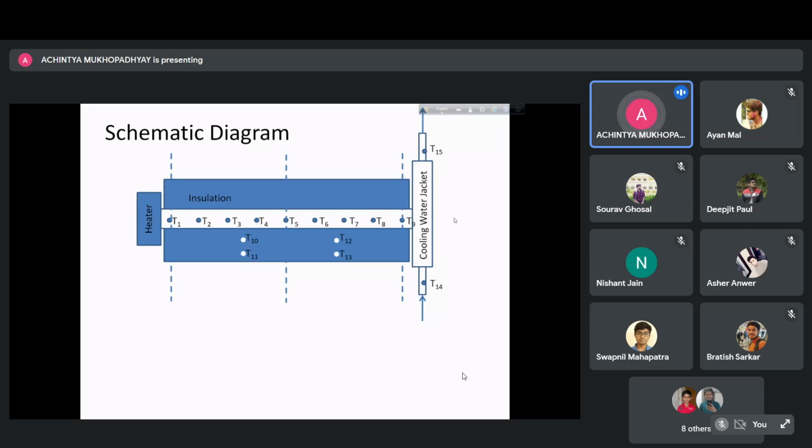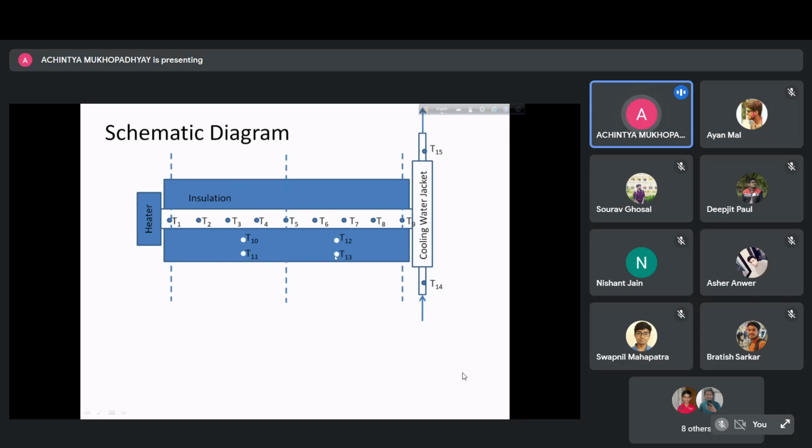The only difference here is that in a fin, classically in a fin problem, we normally specify the base temperature, but here we know how much power is supplied, not the base temperature. At different locations, we measure the temperature. Of course, we can take this first thermocouple location as the base of the fin because it is very close to the heater. Apart from that, we also put thermocouples at 4 locations inside the insulation.